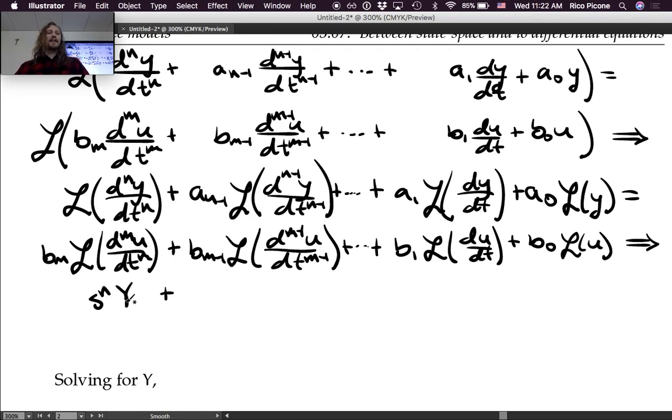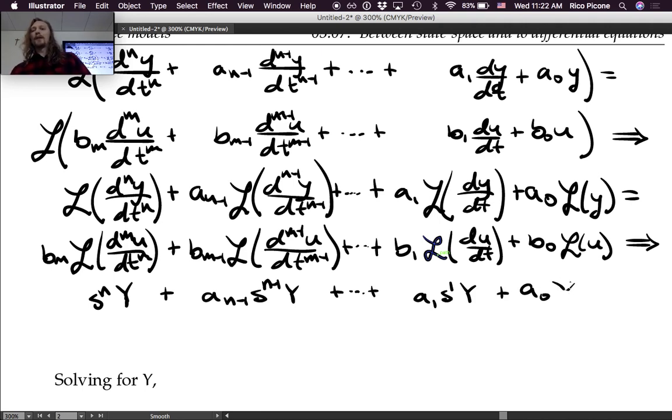So s^n Y plus a_{n-1} s^{n-1} Y plus, notice how much more compact this is getting, a1 s to the 1, so just s, Y, plus a0, and s to the 0 is just 1, so we just say Y.